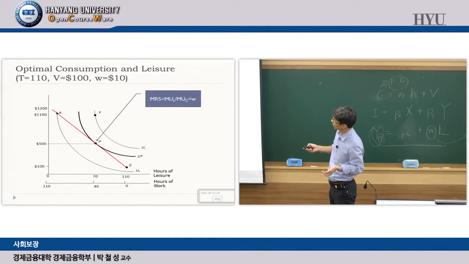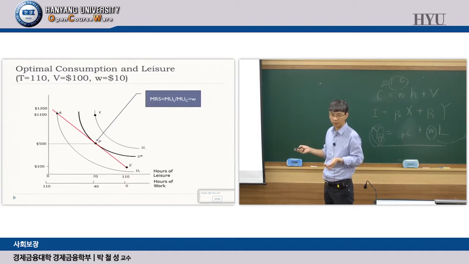So what's special about P? The special thing about P is the slope of the indifference curve is equal to the slope of the budget line.